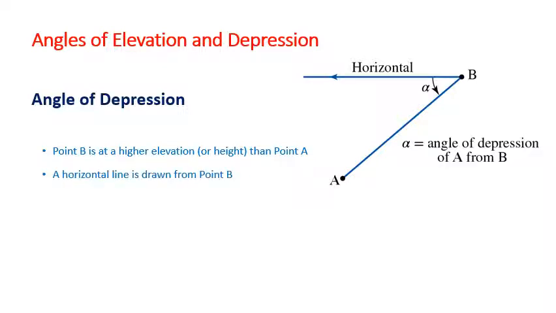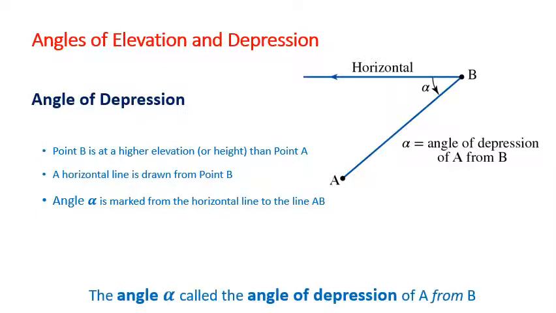However, we draw a horizontal line out from point B, generally in the direction back towards where A is. And then what we see, because we're doing it from the perspective of standing at point B, the angle alpha, as it's marked here, is marked from the horizontal line coming out from B down to the line connecting AB, or the line AB.